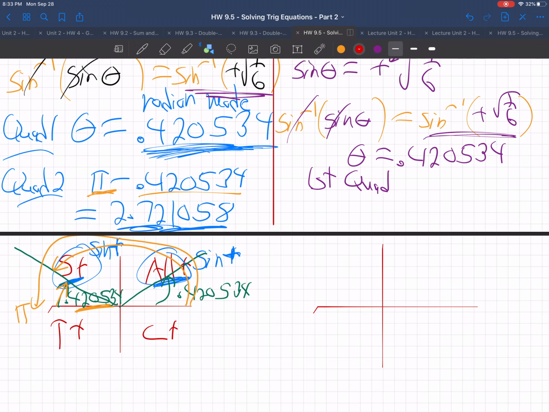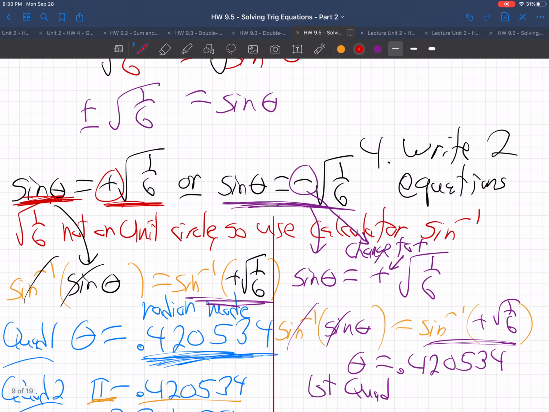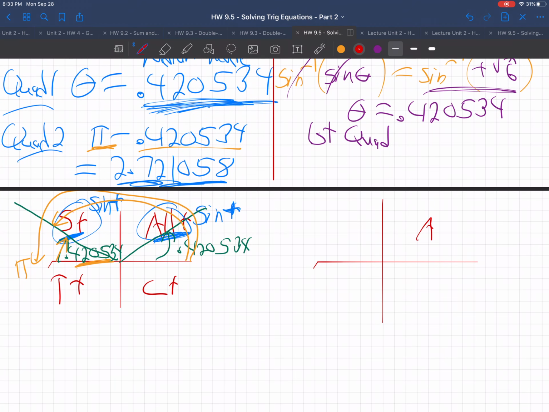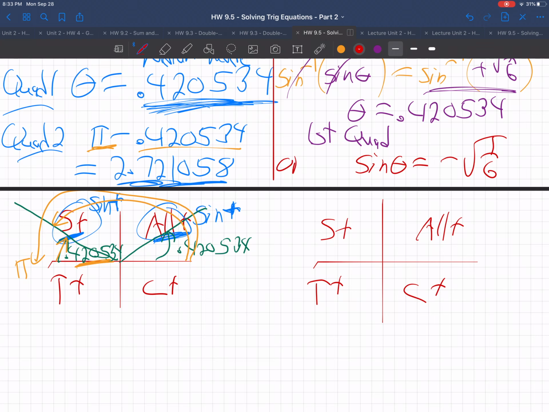Let me draw the coordinate thing on this side. What are we solving? We're solving for sine negative. Other side was sine positive root 1/6. This side is solving sine negative root 1/6. So let's do the all students take calculus. The original question that we're trying to solve now is negative. So the original, before I changed it to positive just to help me get the calculator value, because that gets me a first quadrant answer.